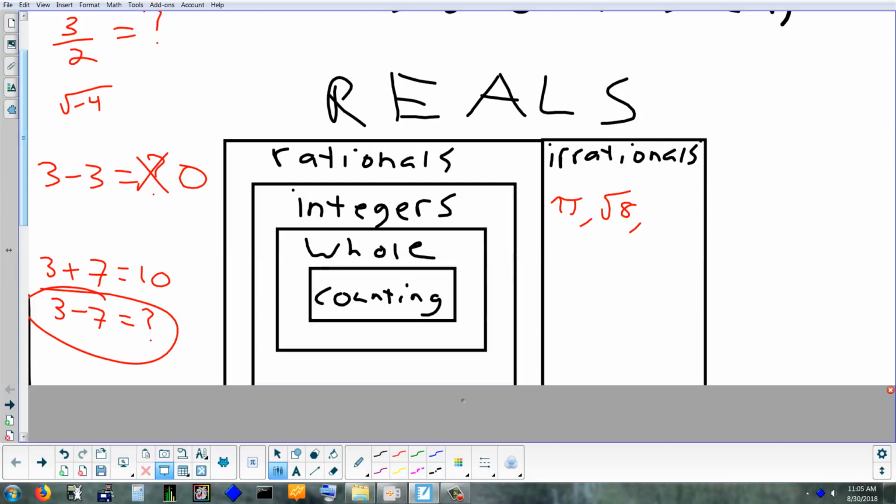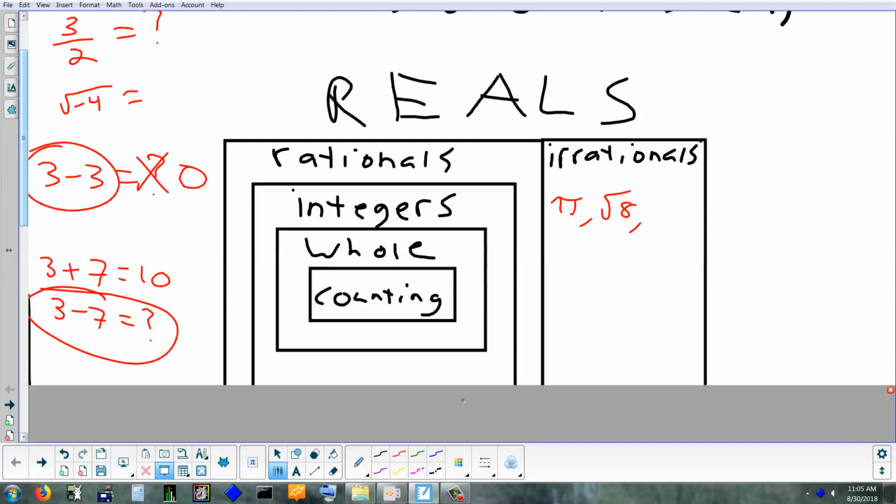Well, if you're going to write undefined for that, it's only because you don't understand that there's other kinds of numbers that can give you an answer. It's kind of like writing undefined for 3 minus 3. If you know that there's a number that exists that can give you the answer, then you would write it. You just write undefined if you don't understand that there is something more that can give you the answer.